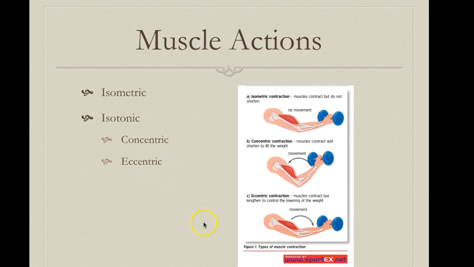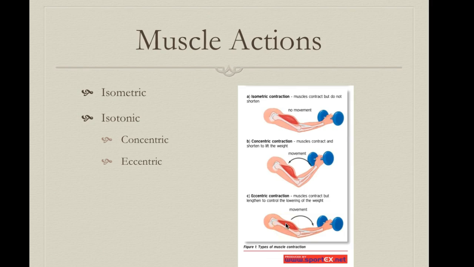Eccentric contractions can be a little bit more difficult to understand. There's still contraction of the muscle. However, the weight or the force that is being applied distally is overpowering the force produced by the muscle.